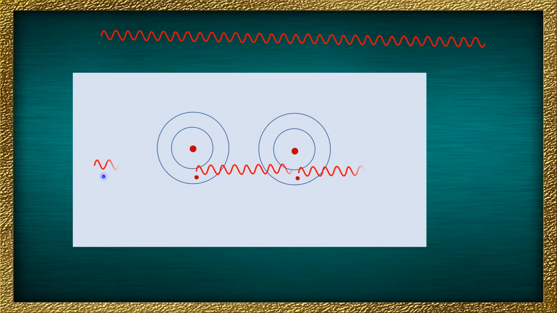So it continuously goes on throughout the material. That means before re-emission of the light, this atom will hold on to that absorbed energy for some time. Due to this reason, the light is slowed down when it passes through a transparent material.